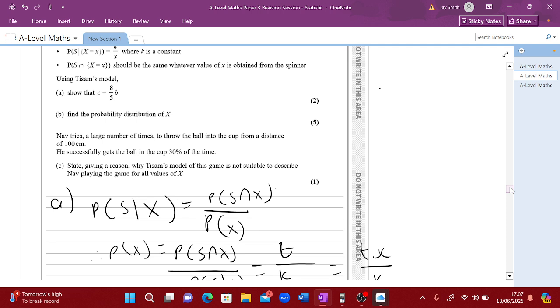So what that's saying is, this is saying the probability of S given X is 100, isn't it?